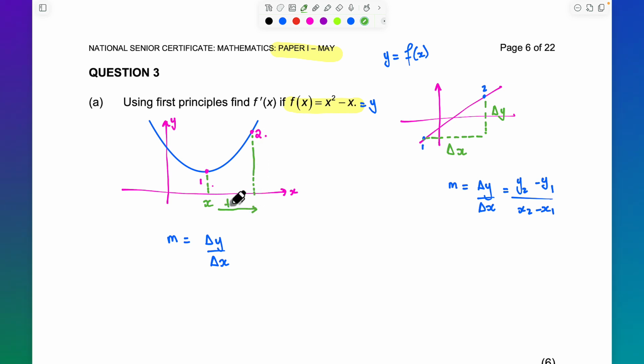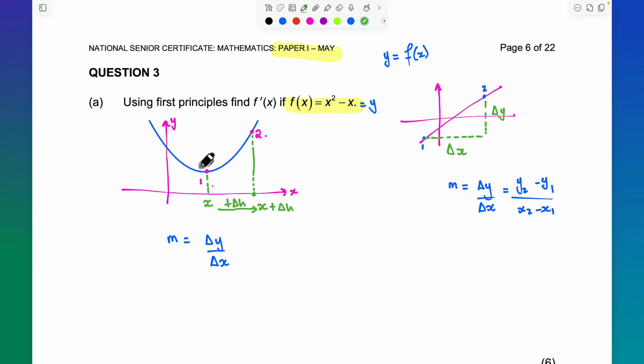Let's just say I move a distance of delta h. So delta h just tells you a step that you've moved, which means when you get to this point, your x value is actually x plus delta h. Maybe you came from 2 and then you added 0.5, so now you're at 2.5.